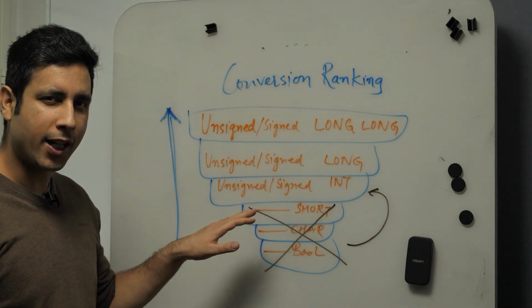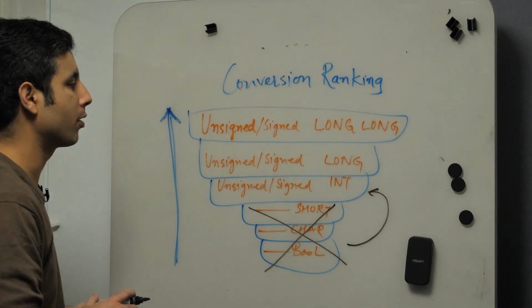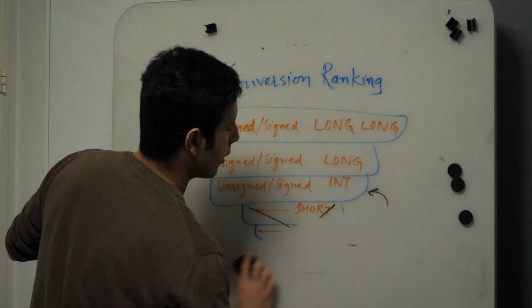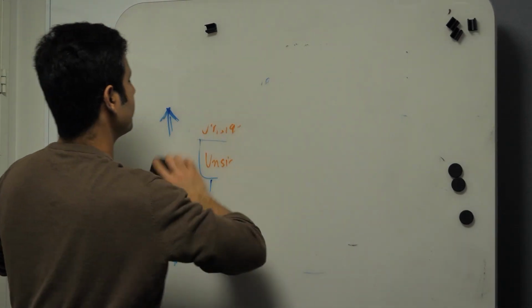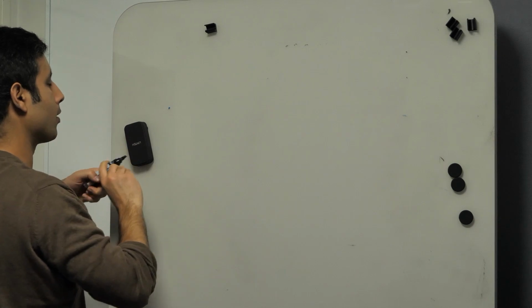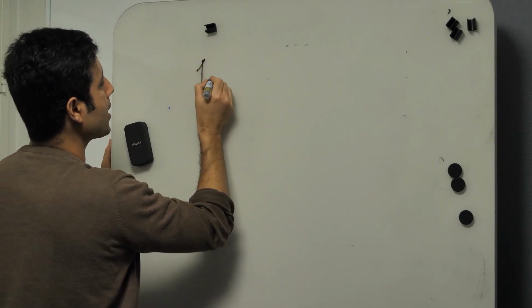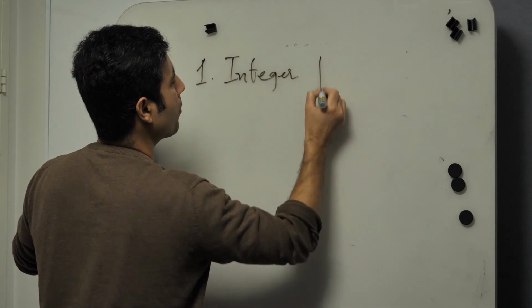In an odd case, it can even be converted to unsigned integer, but that's the first step. So the first step in usual arithmetic conversion is integer promotion.